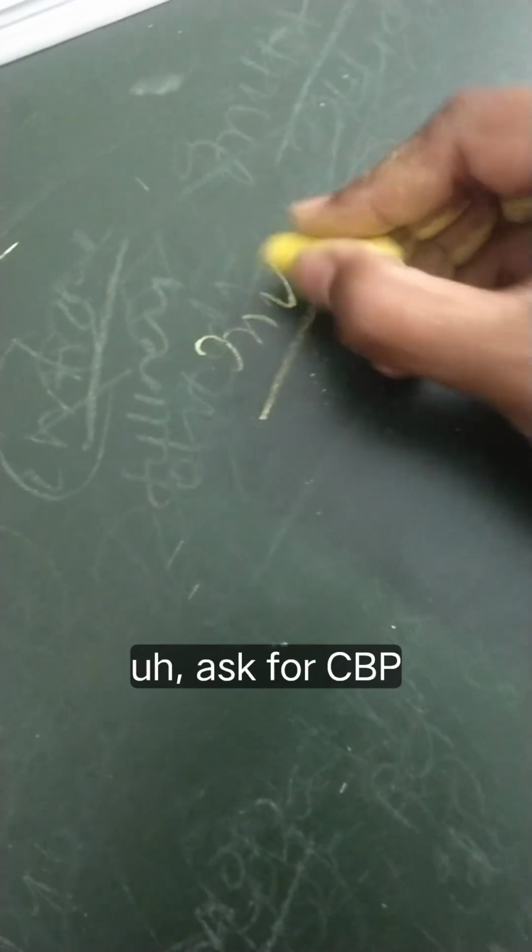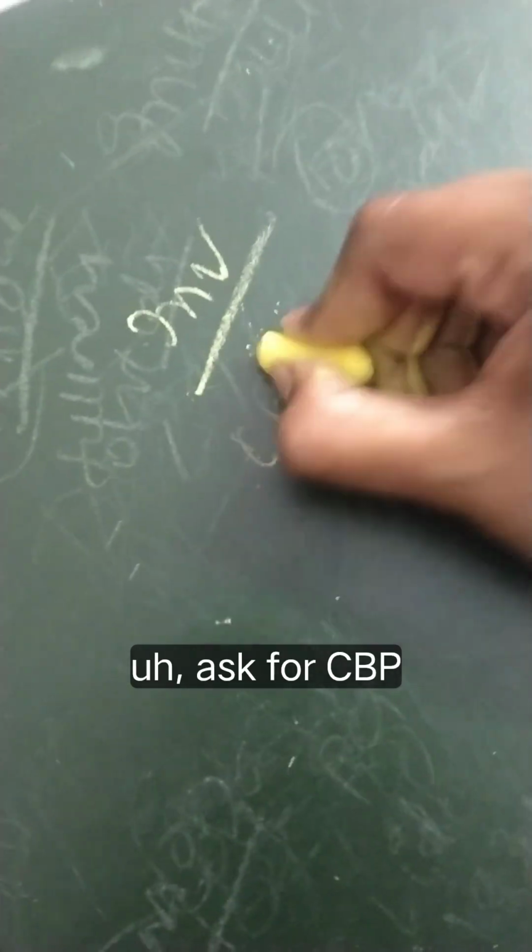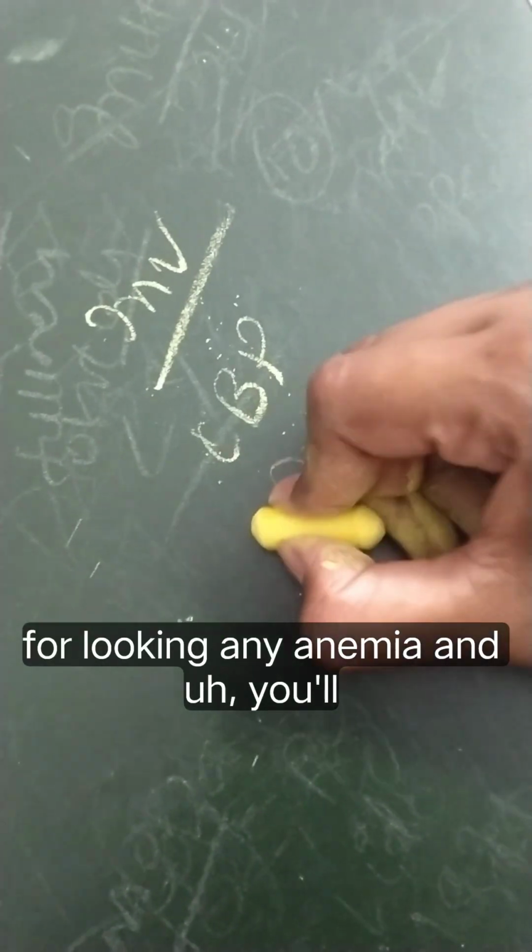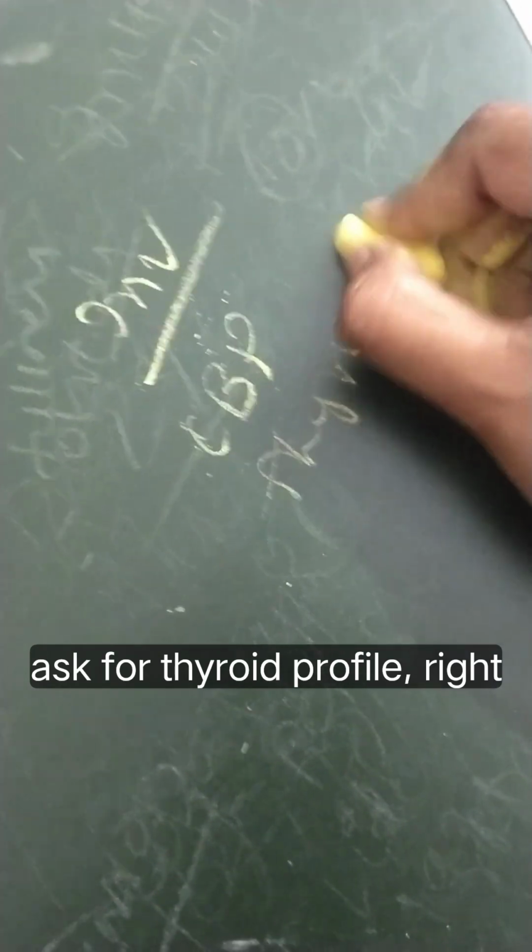And skin we had already seen, hyperpigmentation, vitiligo. Hair also we had seen. So what investigations will you do, how will you proceed here? You will first ask for CBP for looking for any anemia, and you will ask for a thyroid profile.